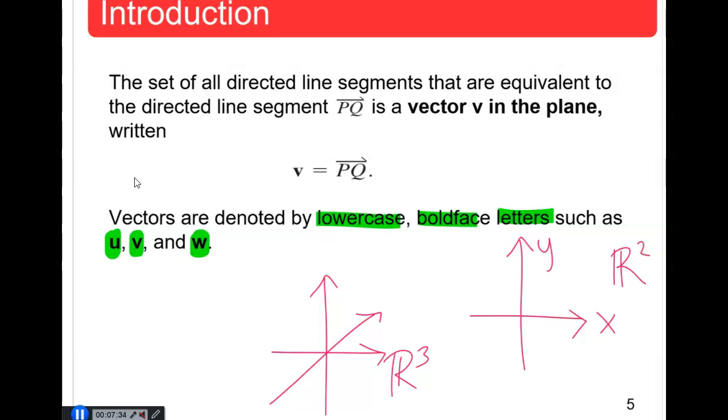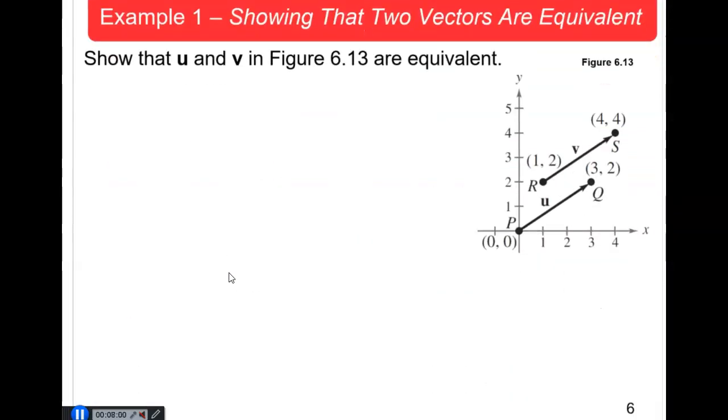Remember from the previous two sections, we used uppercase letters to denote angles and lowercase to denote the sides of triangles. So in this case, we will use lowercase, but also bolded, so that you know that we're talking about vectors.